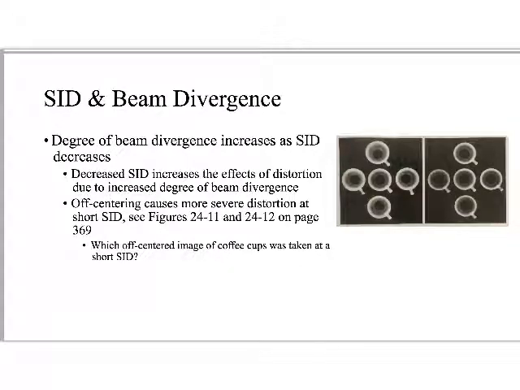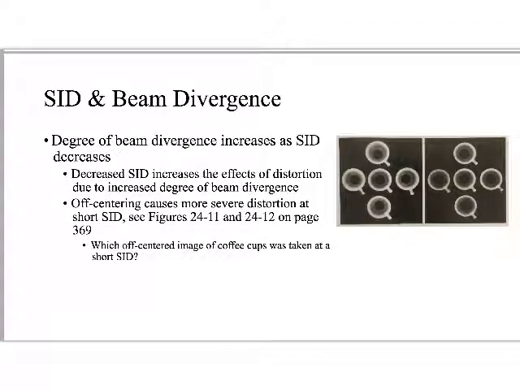But basically, to break it down, the degree of beam divergence increases as SID decreases. So here's another good reason to use a longer SID. It reduces the degree of beam divergence on the part, right? So that increased SID reduces the degree of beam divergence that is occurring.